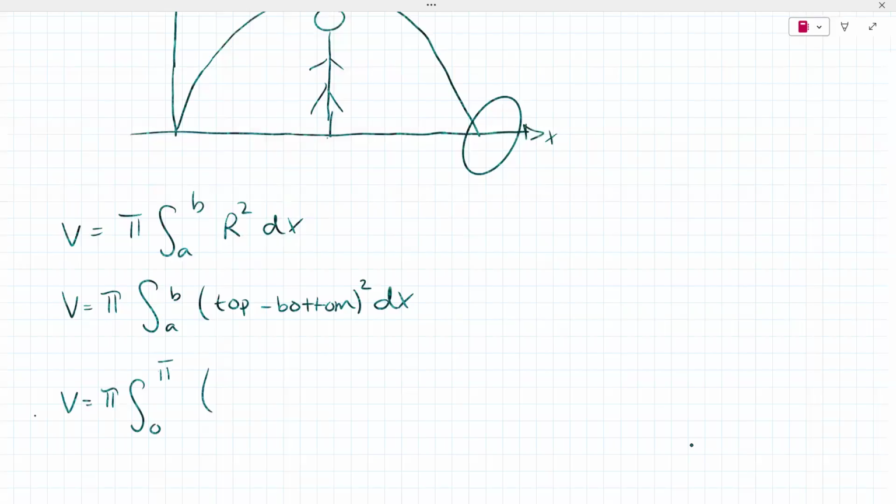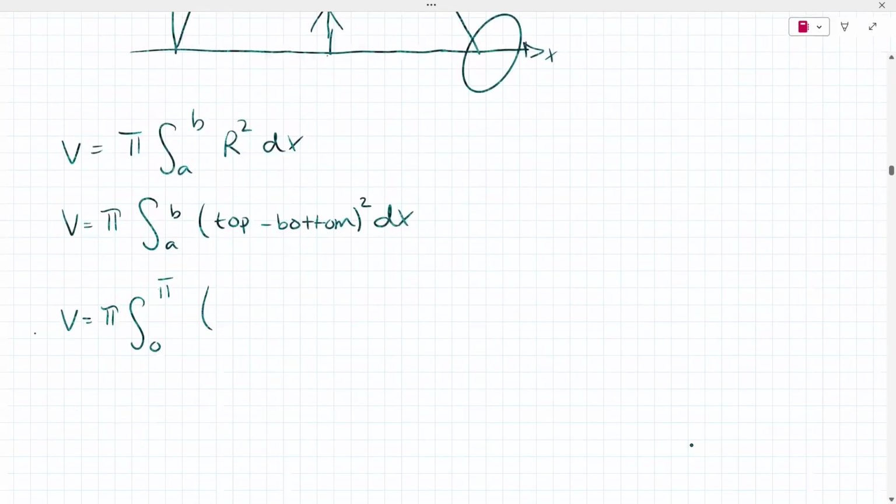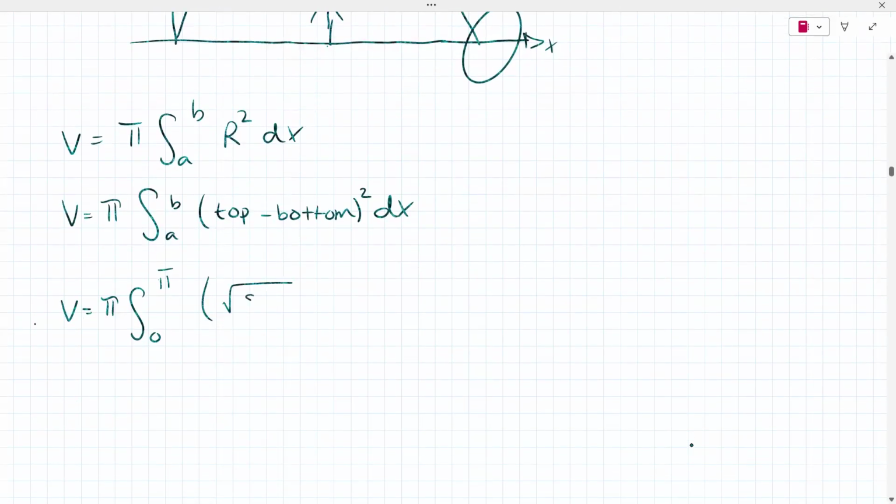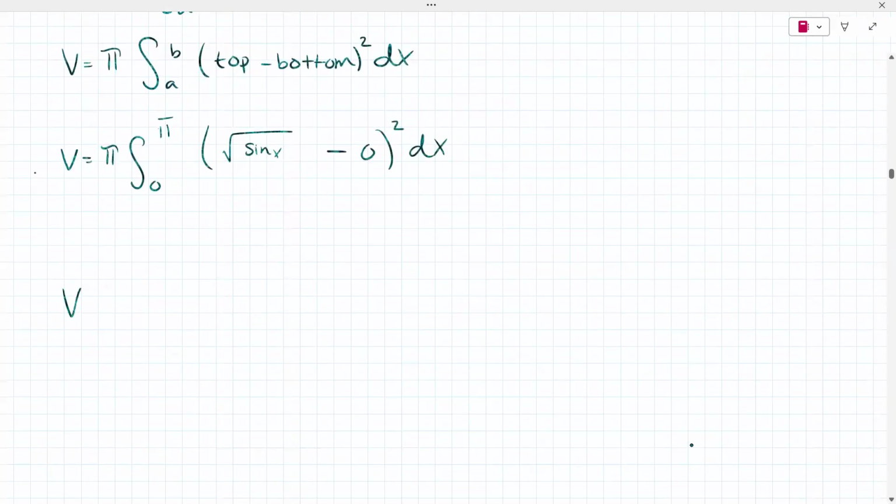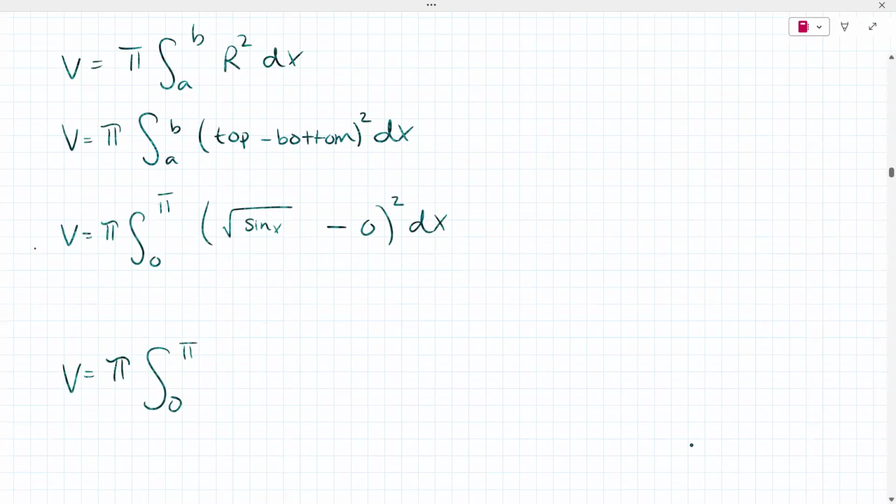And then our top is the square root of sine of x minus the bottom, which is 0, squared dx. And when you square this, what's the square root of sine of x squared? That's sine of x dx.